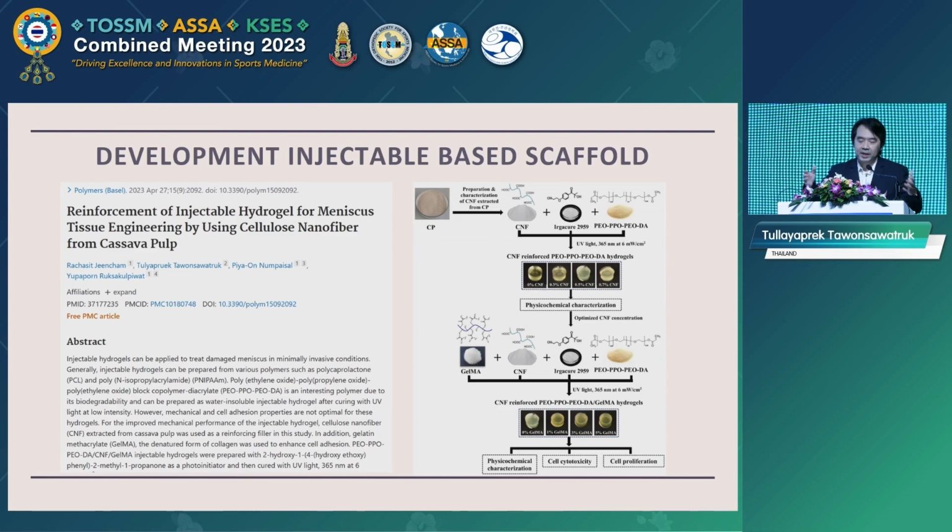Apart from PRP, we can combine it with cassava puff, a plant very easy to find in the northeast of Thailand, with a synthetic scaffold. It is injectable, and we hope we can use it at the repair site with cells to promote tissue healing.